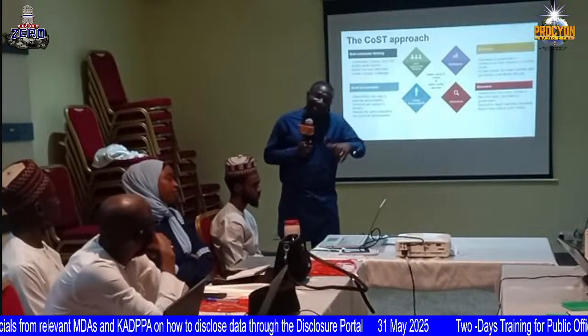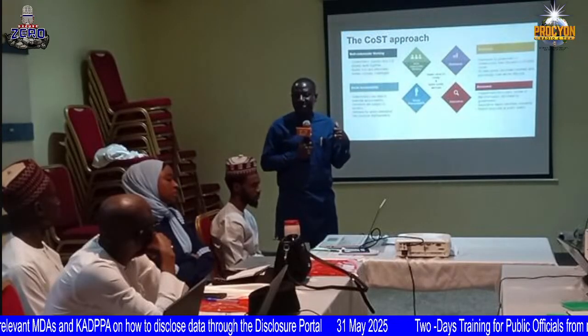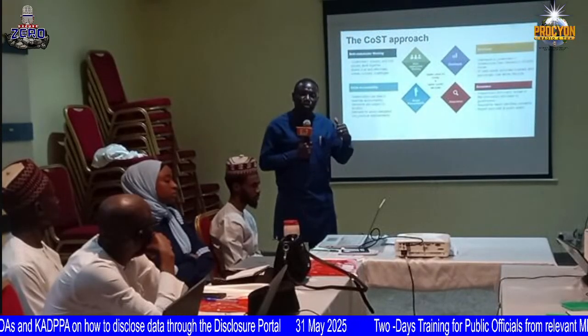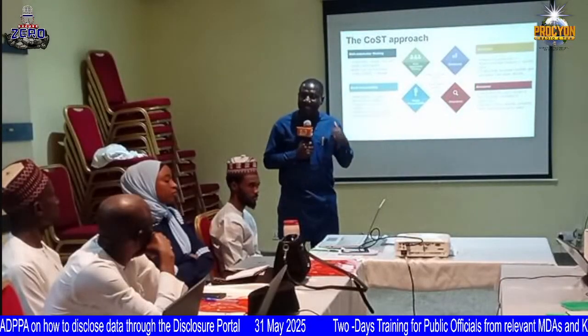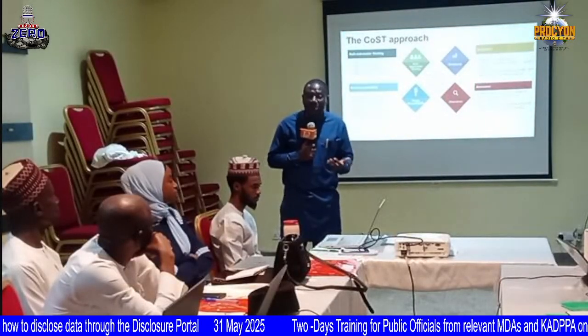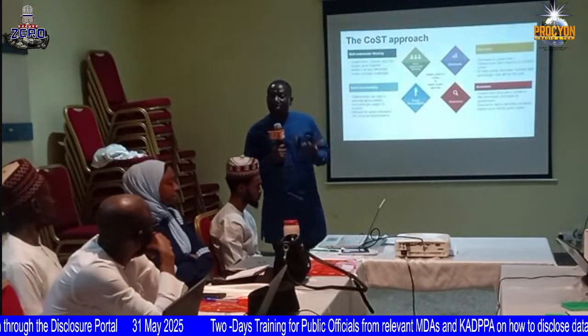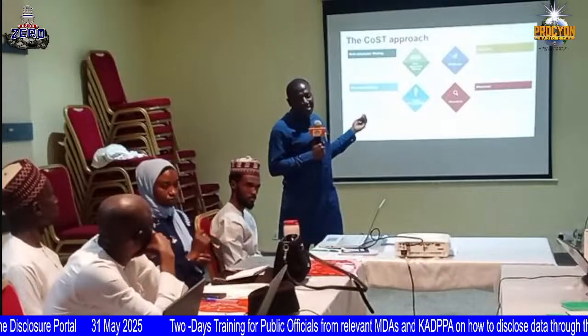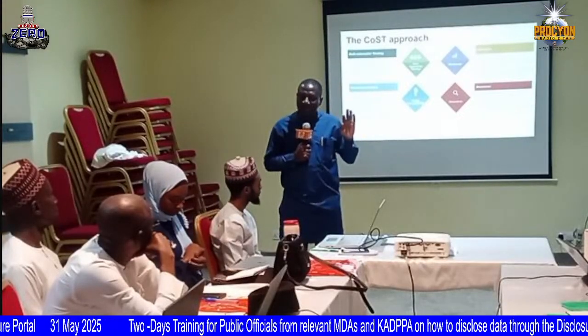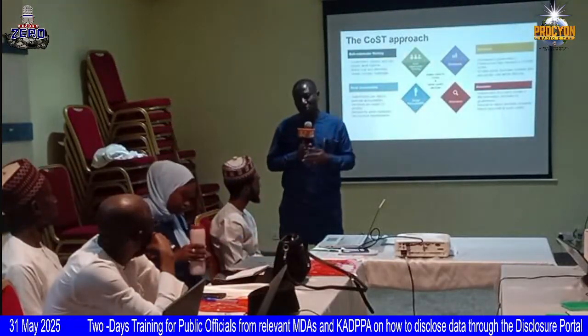So you must back it up by facts, by data. And you can see that it's government that will put this data out. So it is expected that you should fall back to the data. I'm saying this because part of the things that the accountability mechanism does under open governance is to pick data like this and go to rural communities and say, okay, we are tracking infrastructure projects.